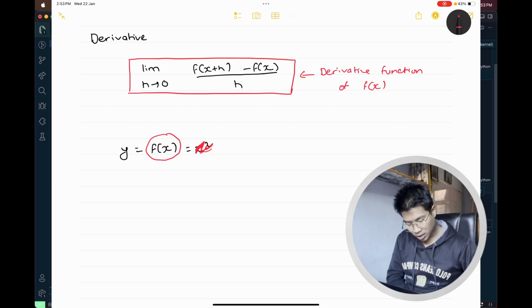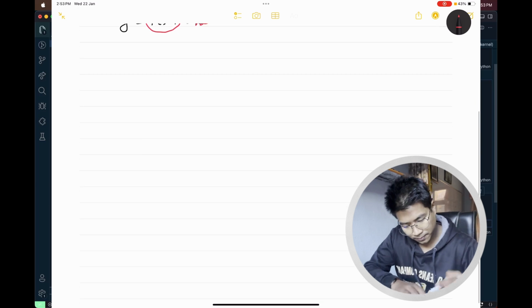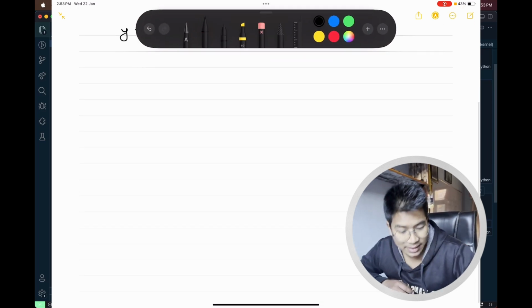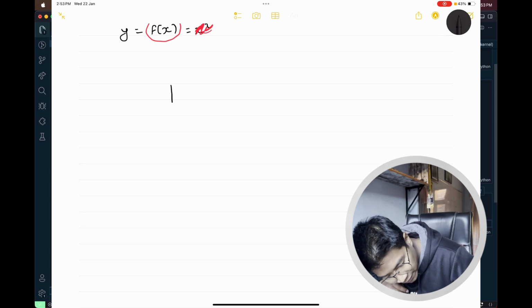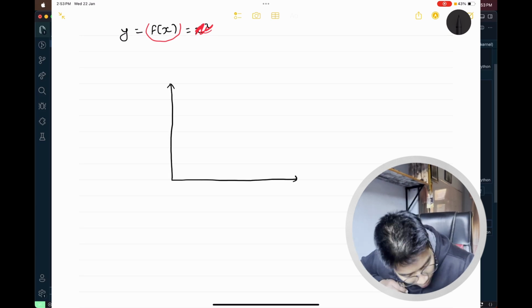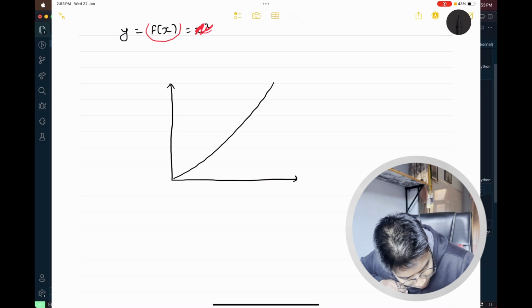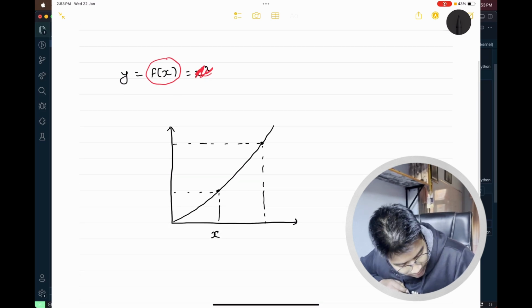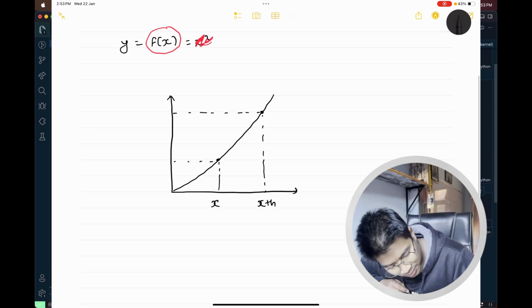Remember this graph every time I say derivative, because this graph is where we started, where we derived our derivative. This was the graph, something like this, and then we considered something like this was x, and that must mean this is x plus h.